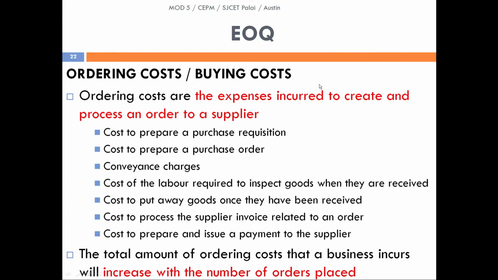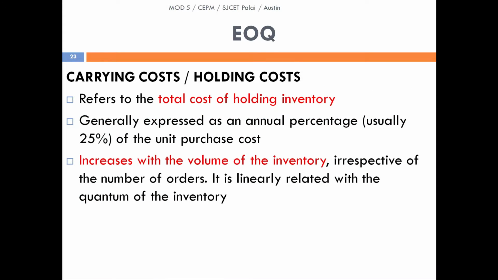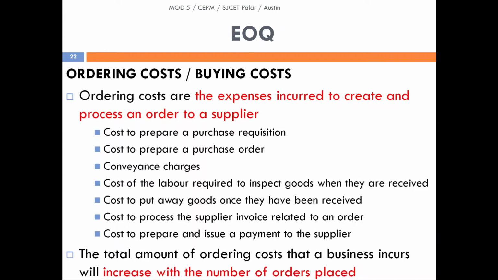So when we are studying EOQ, we have to take into consideration two major costs. The first one is ordering cost or buying cost, and the second one is the carrying cost or the holding cost. The ordering cost is nothing but the expenses incurred to create and process an order to a supplier. So if you are giving an order to the supplier and the supplier is supposed to provide us the material, then the cost incurred in providing that order is said to be the ordering cost or the buying cost.